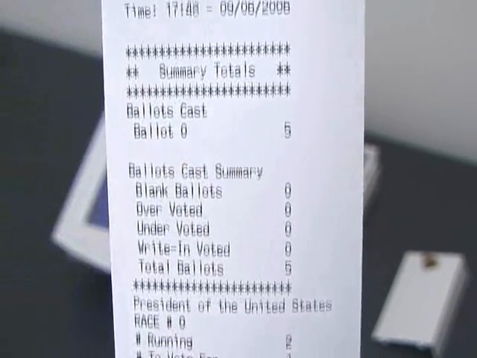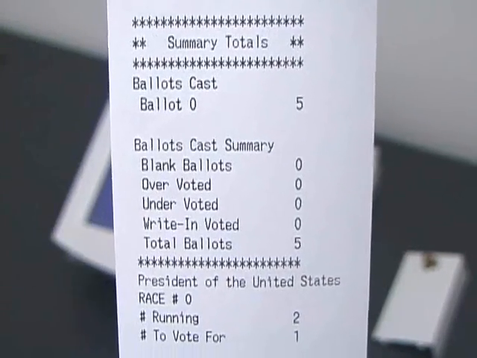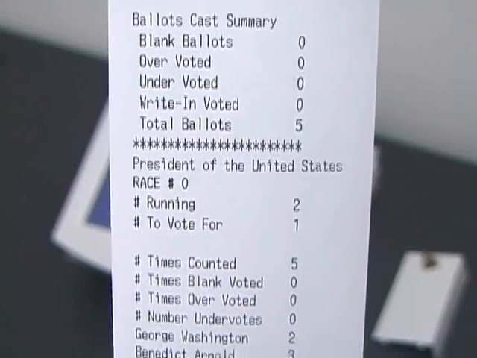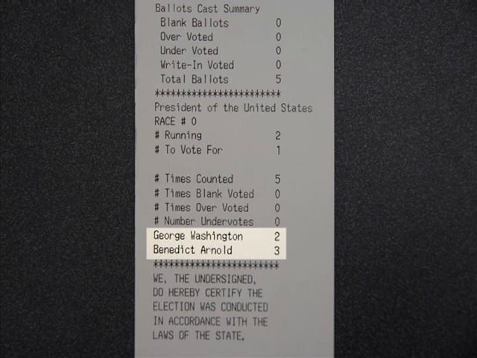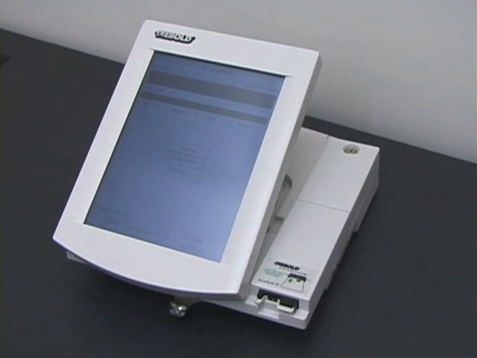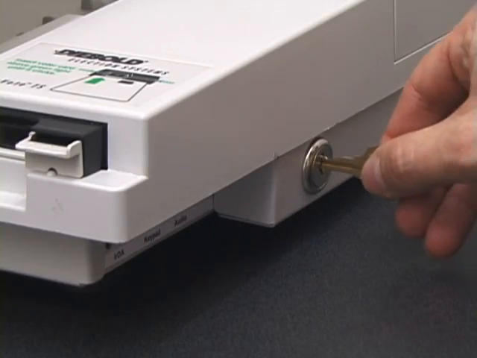The tape shows that Benedict Arnold won the election, 3 votes to 2. This result is incorrect. Malicious software stole votes from George Washington and gave them to Benedict Arnold. The voting machine recorded the election results on its internal memory and on a removable memory card.